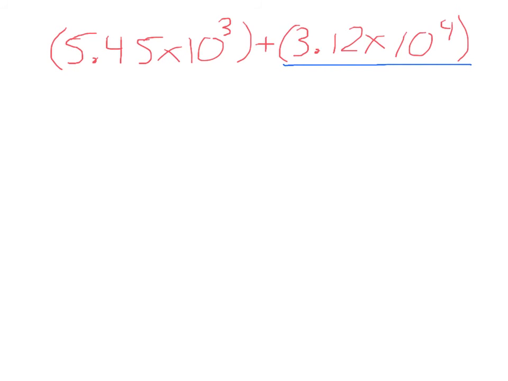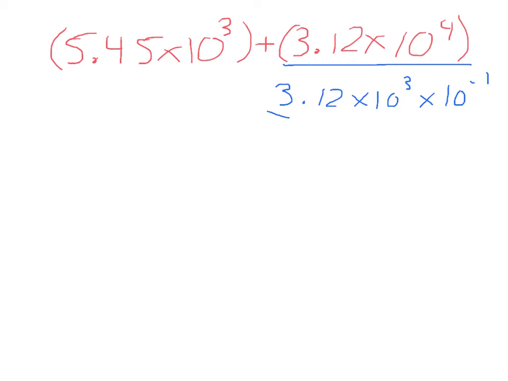Now, if I want to do that, this really becomes 3.12, oops, let's make that a 2 there. A 3.12 times, I want it to be a 10 to the third. Well, how could I turn a 10 to the fourth into 10 to the third? Well, simply by multiplying it by 10 to the negative first power.